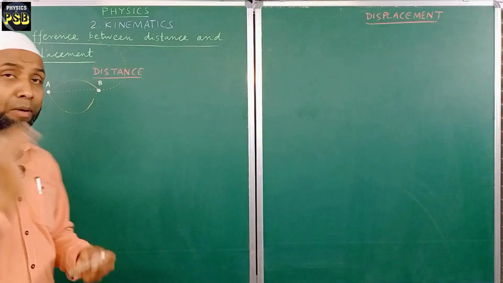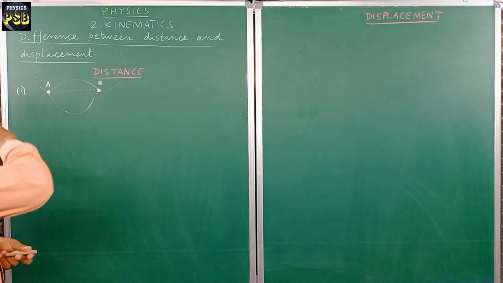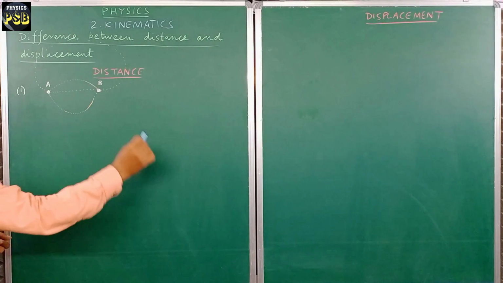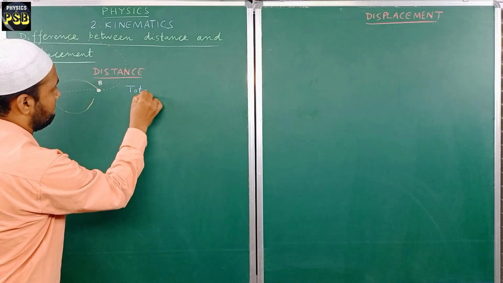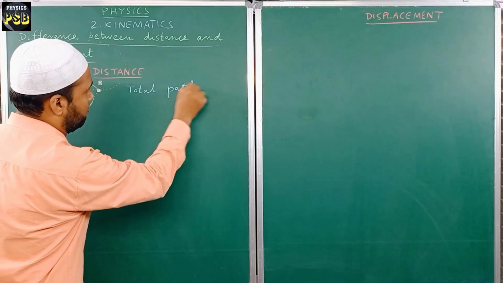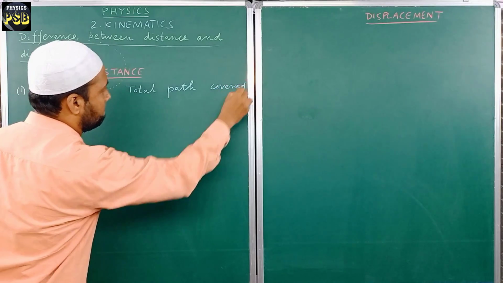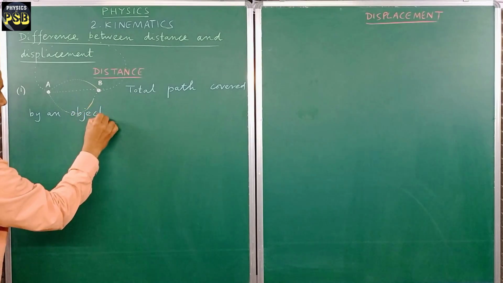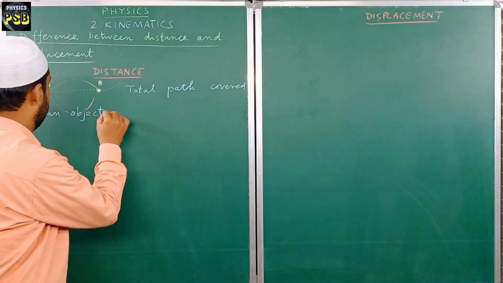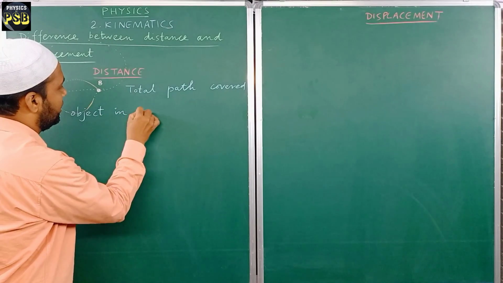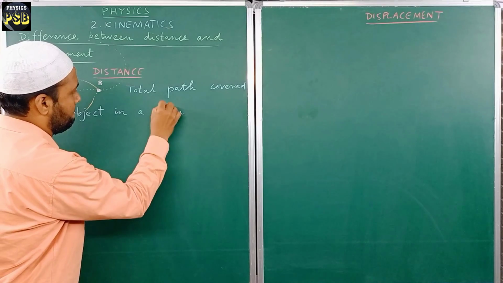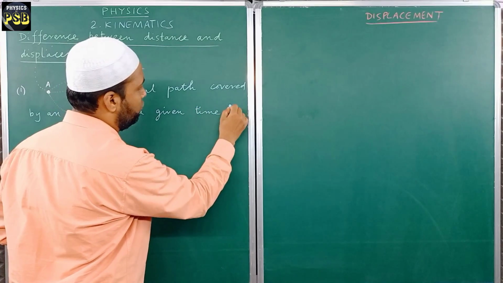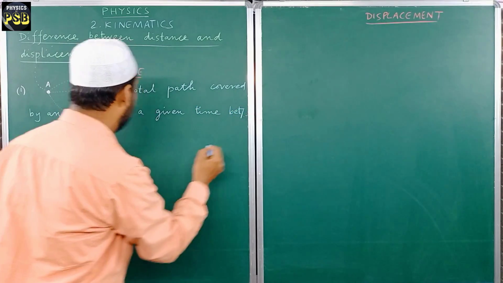Here the total path is referred as distance. So the definition is the total path covered by an object in a given time between 2 points.